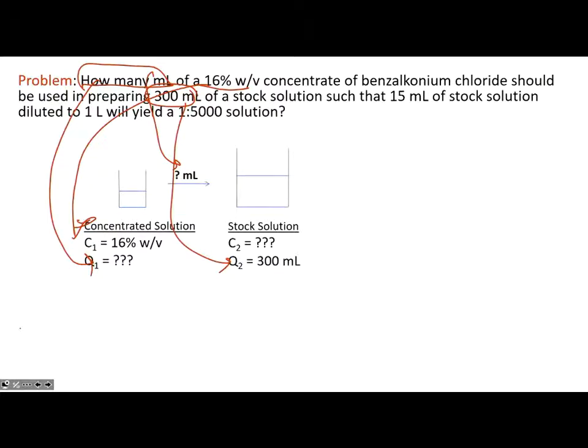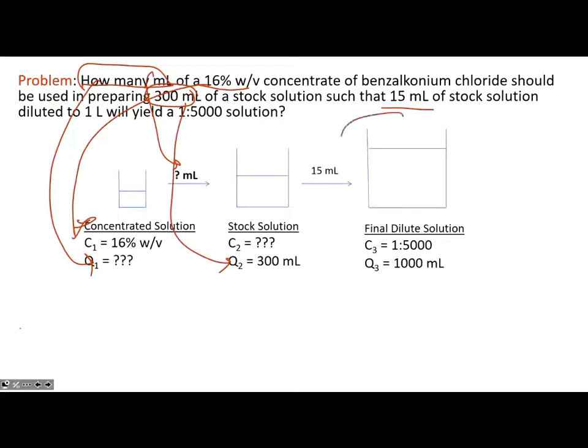Then what do I do with that stock solution? What did the question say to do? How many milliliters of that stock solution? 15 milliliters is what I'm going to use. I'm essentially going to make a final dilution that has a known concentration, 1 to 5,000, and a known quantity, 1,000 milliliters.